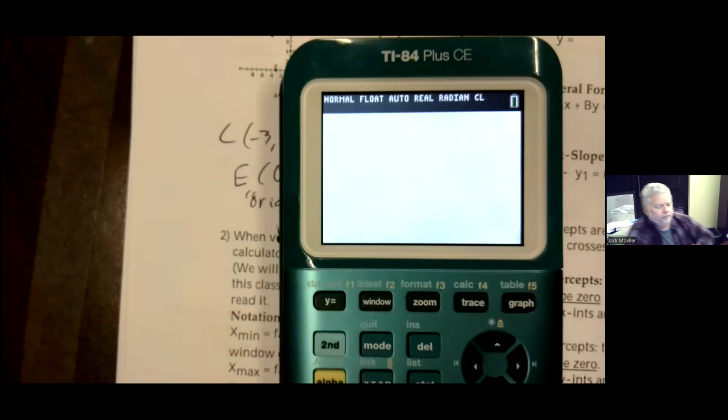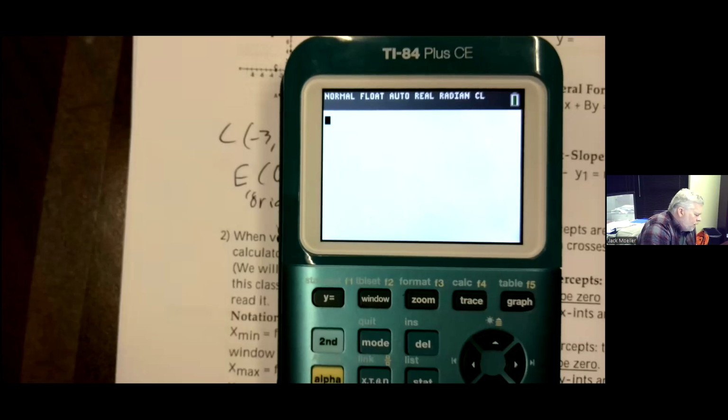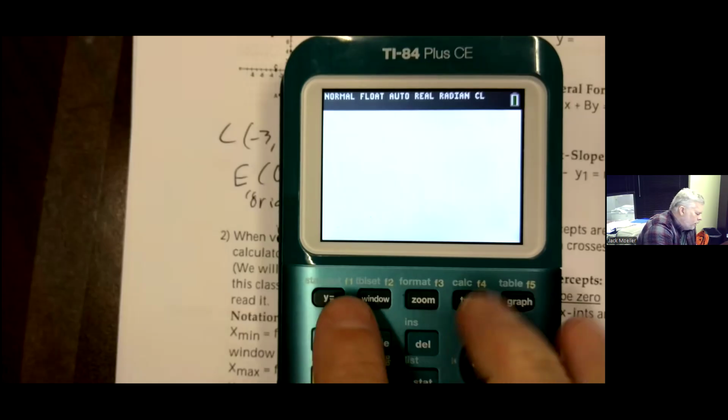You can use them for more than that, but for our purposes, especially if you're a visual person, I think it really helps to see graphs because the graphs are visual. All right, so how do you graph something in a graphing calculator? Well, I'll start with y equals up here in the upper left.